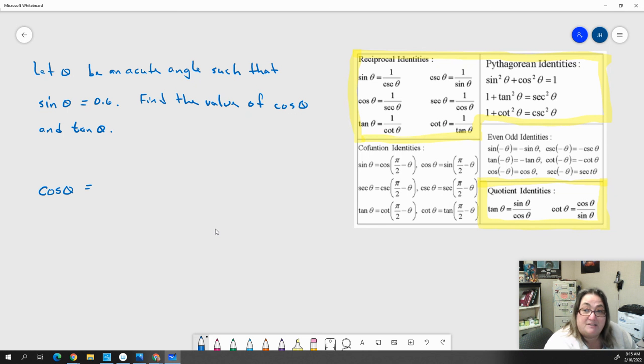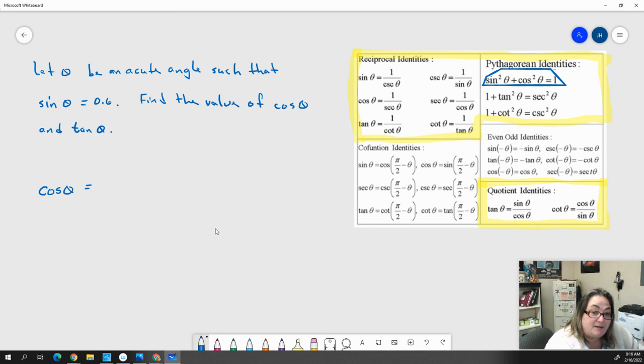But up here I have sine squared of theta plus cosine squared of theta equals 1. So to find cosine, I'm going to use this identity right here. Why? Because I have a value for sine of theta, not sine squared of theta, but sine of theta.